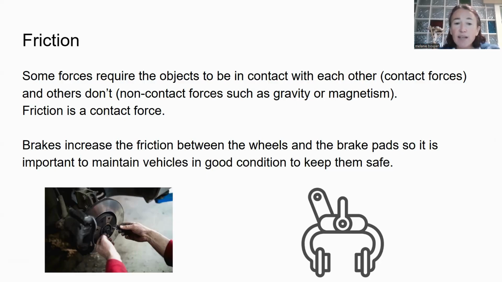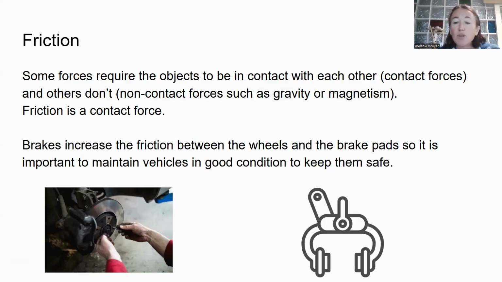These are checked regularly to ensure that they don't get worn off, because friction will wear them off through the contact between the wheel and the brake pad. So they need to be checked regularly and they need to be replaced sometimes. On the right-hand side, this is a side view of the brakes on the wheel of a bicycle.